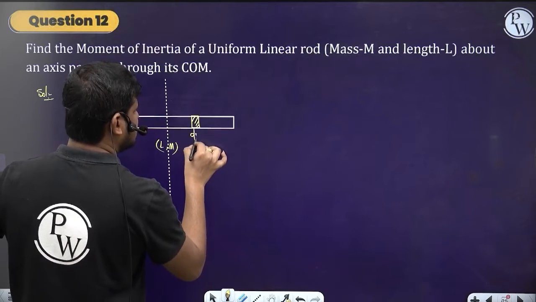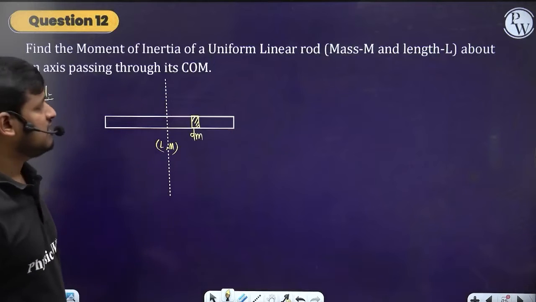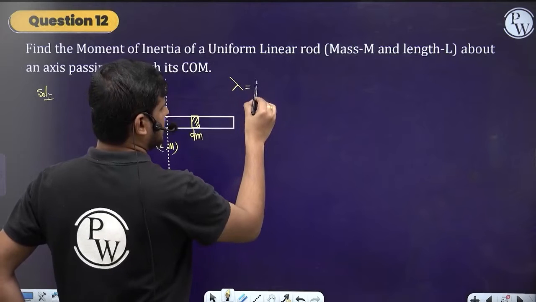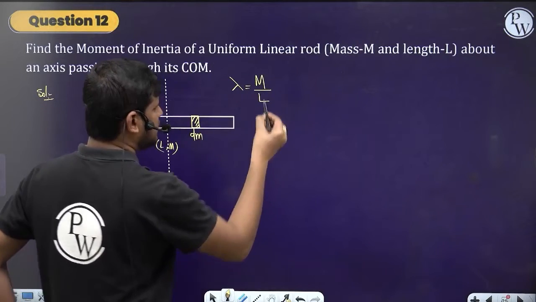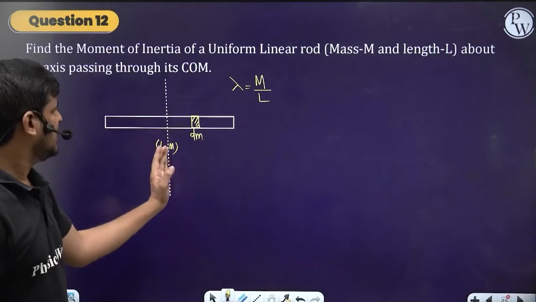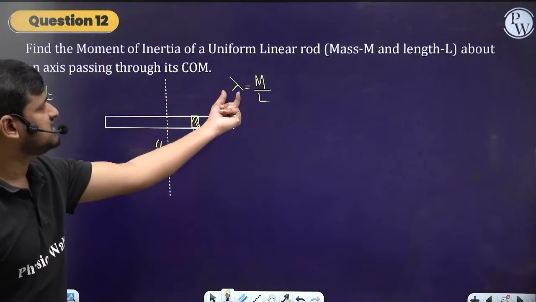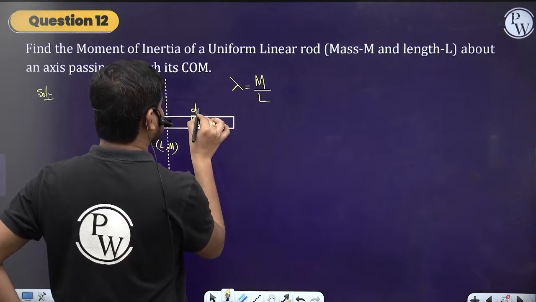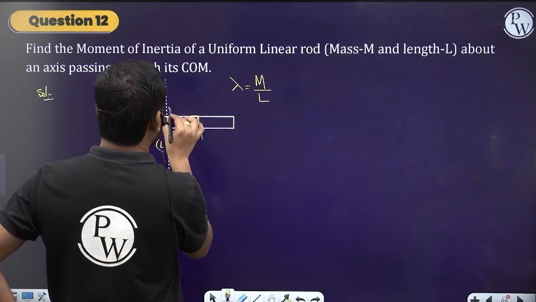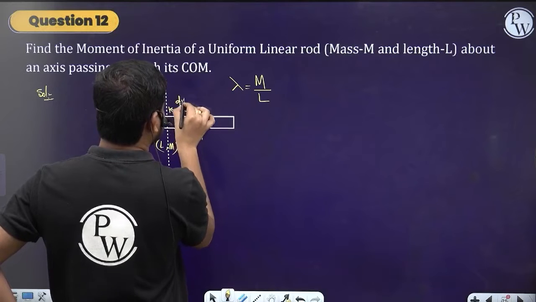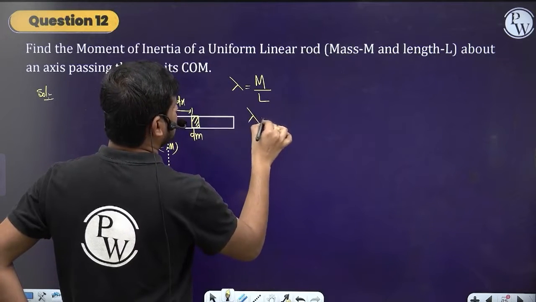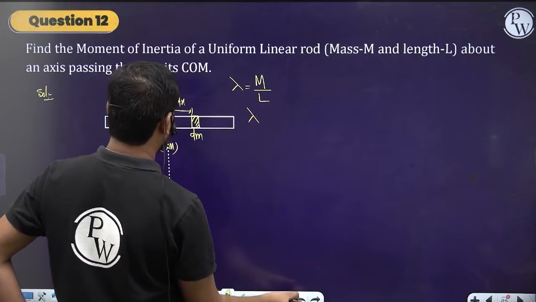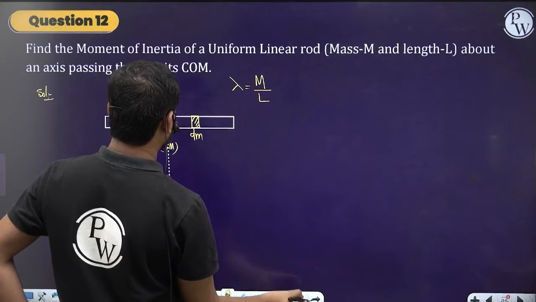So I am taking a very small mass dm. For the linear rod, there will be a linear mass density, lambda. The linear mass density is nothing but mass per unit length. The total mass is m and its total length is L. So for this very small part, let's suppose its width is dx.